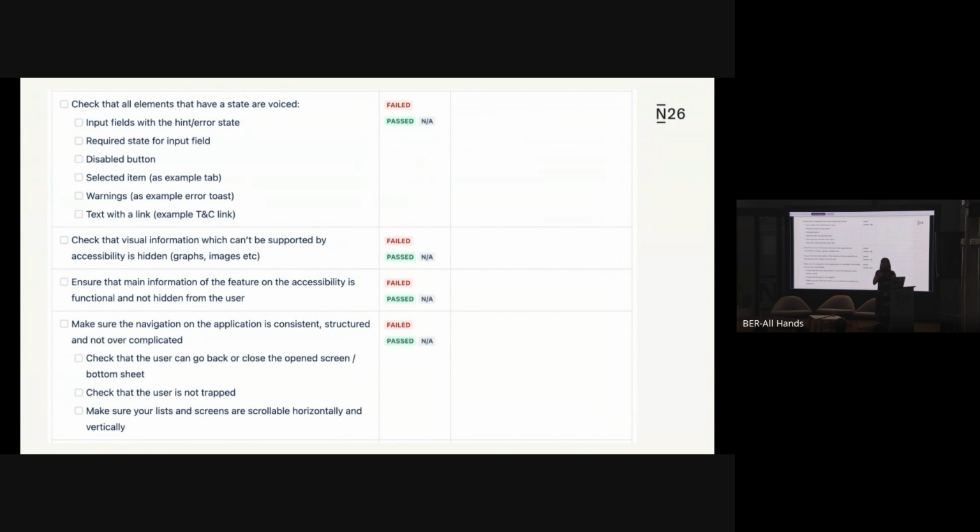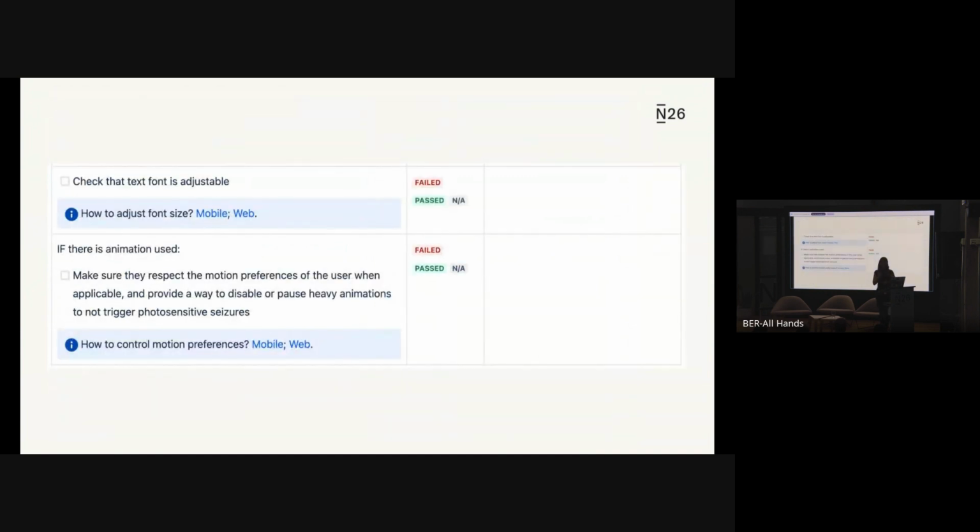And we are testing navigation, if you can navigate to every element on the screen, if you can navigate back, forward, click, select, etc. And the text font size. Yeah, this one is very important to avoid this kind of monsters that we saw in the beginning.